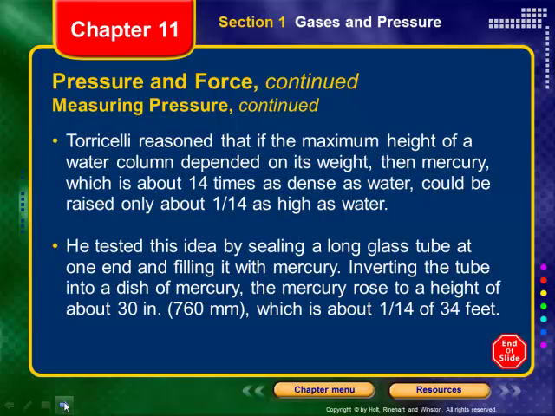This was at a time when people didn't know that mercury was toxic, and he was okay playing with it. We can't do this now. We're not even allowed to have mercury in our building now. But at his time, he found that the mercury rose to about 30 inches, or 760 millimeters, which is about 1/14 of 34 feet.